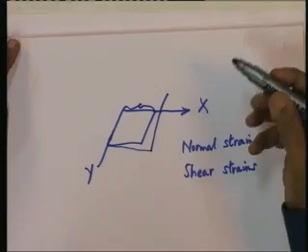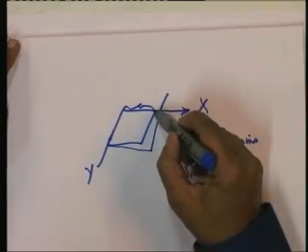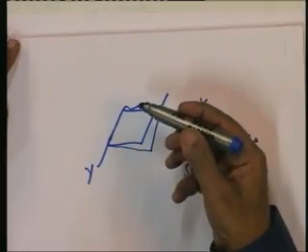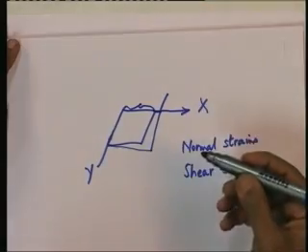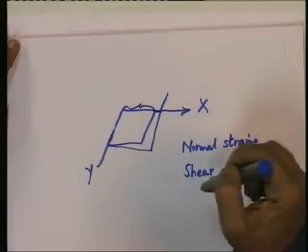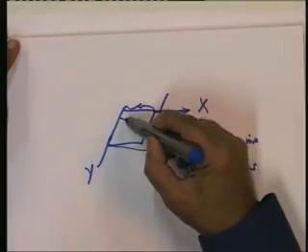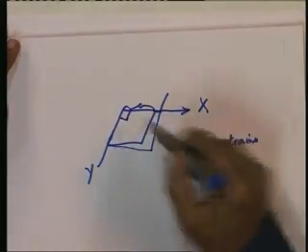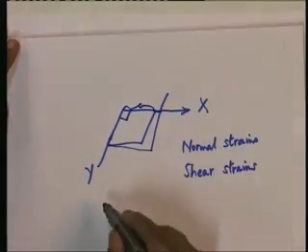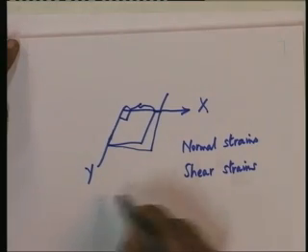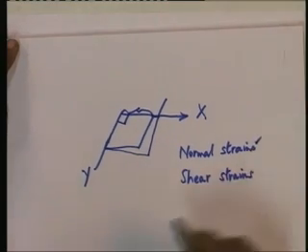Now, we all know that strain is nothing but change in length divided by the original length. So, if we apply that concept, and similarly shear strain is defined as change in an angle which is originally a right angle. So, if we apply these concepts, we can formulate equations for the normal strain and the shear strain.